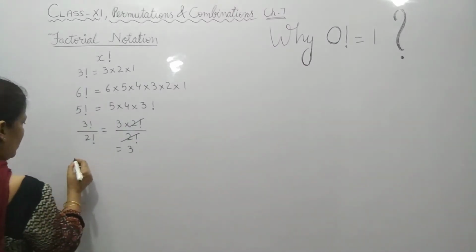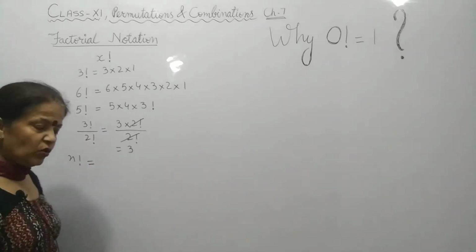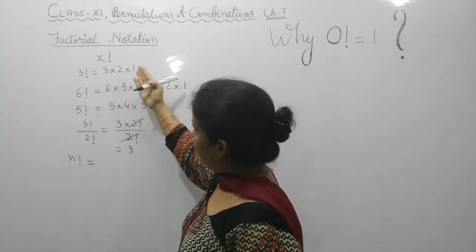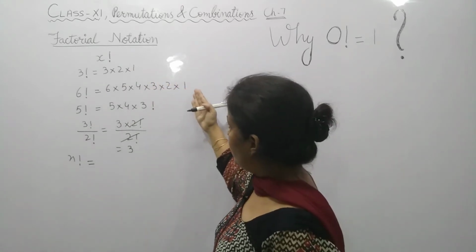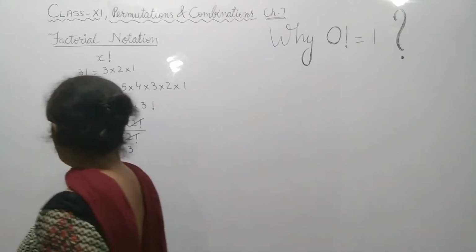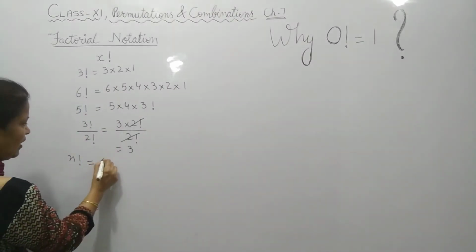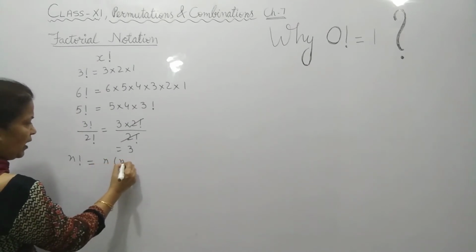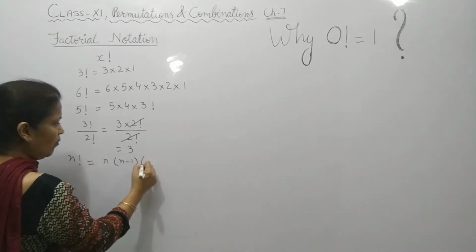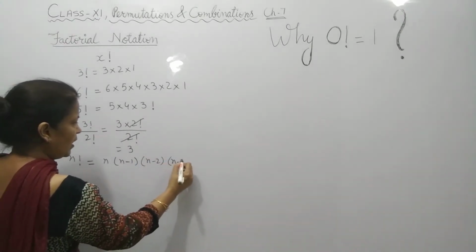So can you tell me what should be n factorial? As we have done over here, it will be one decreasing up to the last natural number, the product of all of them. N factorial means n multiply n minus 1, one number goes on decreasing, multiply n minus 2, multiply n minus 3.